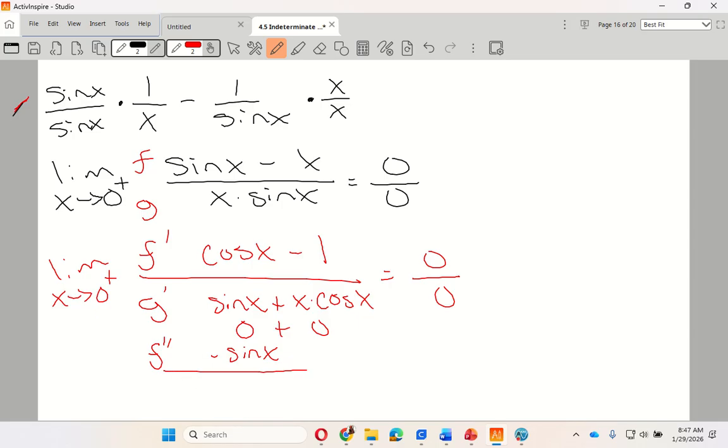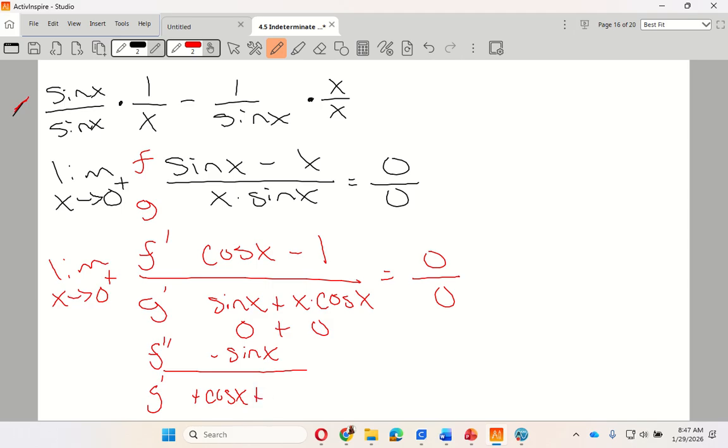All right, g prime. So I have a regular derivative. Sine is negative cosine. No, positive cosine, sorry. And right here, it's going to be plus.